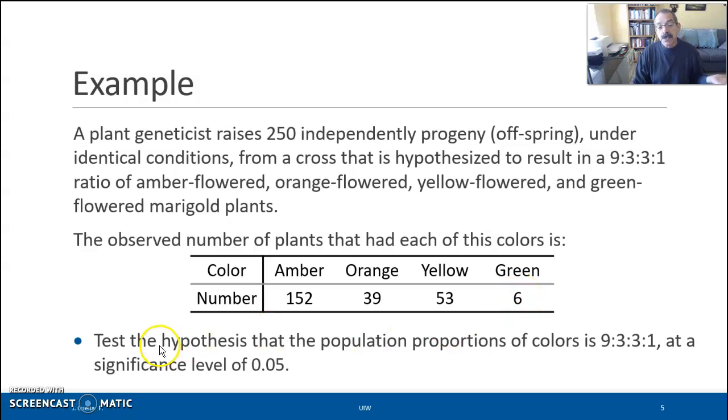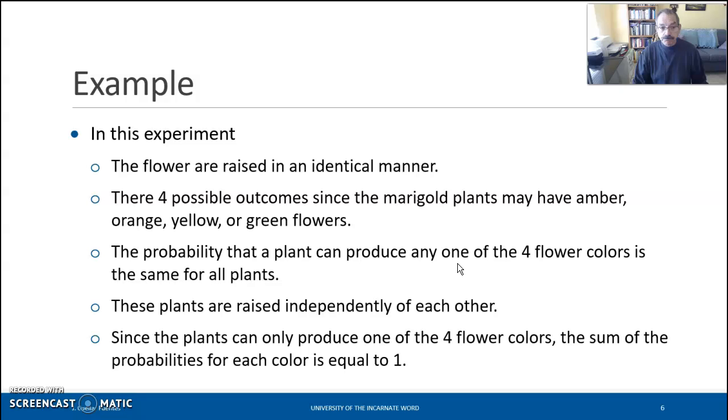So our goal here is to test the hypothesis that the population proportions of colors are 9:3:3:1 at a significance level of 0.05. So this is an example of a goodness of fit test, where we want to see if we match these proportions given the observed proportions.